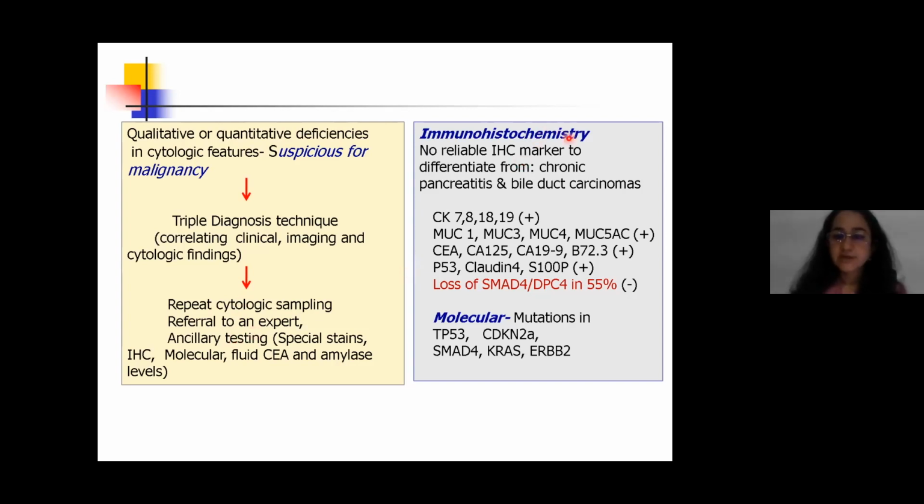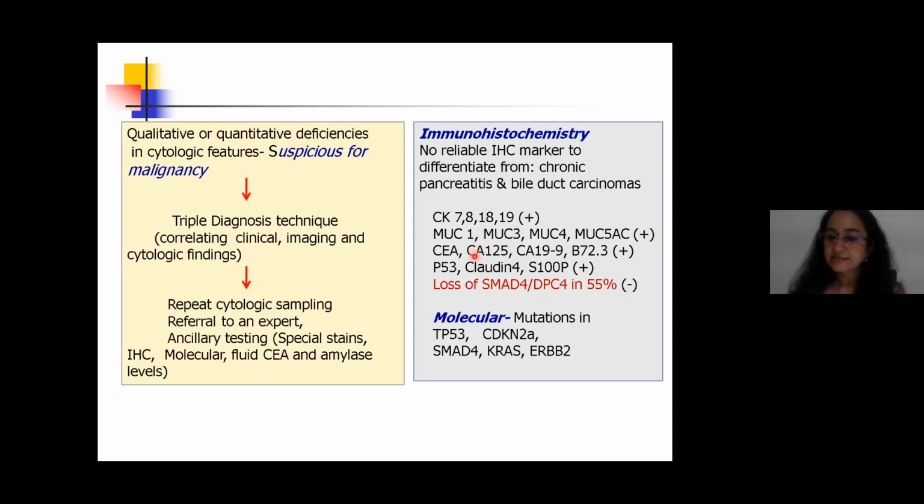Though immunohistochemistry is there, there is no reliable IHC marker which can differentiate a well-differentiated adenocarcinoma from chronic pancreatitis or from bile duct carcinoma. But these are some of the useful markers which may be used, like cytokeratin 7, 8, 18, and 19. The MUC1, 3, 4, and 5AC are positive.